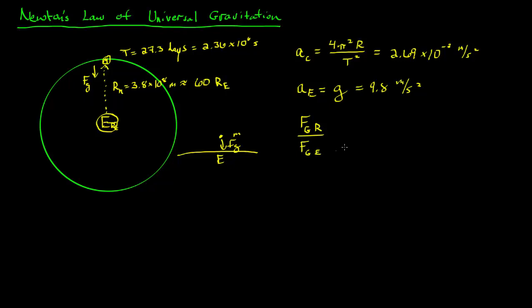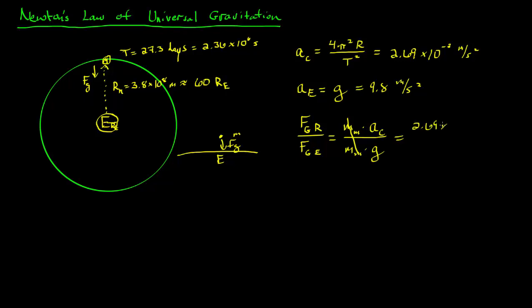Way out here, it's going to be the mass of the moon times the centripetal acceleration, that's Newton's second law, mass times acceleration. Down on the bottom, we get the mass of the moon times g. You can see that the mass of the moon cancels out, so the ratio of the forces is the ratio of the accelerations.